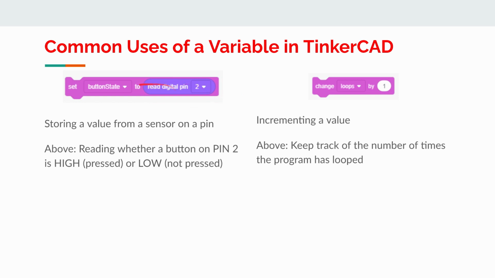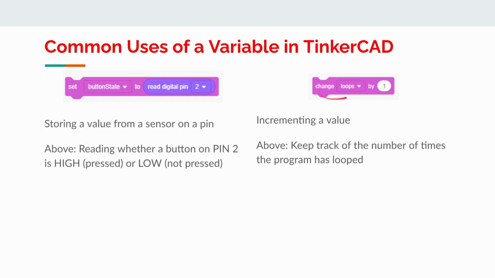So here we are storing a value from a sensor on a pin. That means that we're checking what's on that pin, and then we're storing it here, and then we can save that and use it for other things later in the program. This is how we can write programs that do different things depending on if you've pressed a button or not.